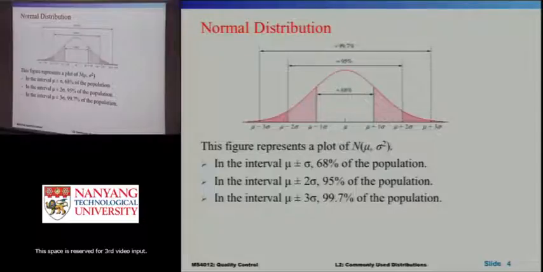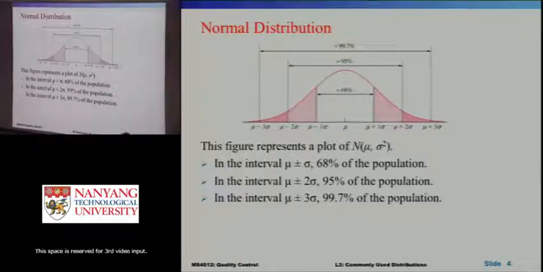Then they found the range between mu plus and minus 1 sigma is about 0.68. The range between plus and minus 2 sigma is about 95%, and the range of plus and minus 3 sigma is about 99%. This is okay, we can do it numerically.